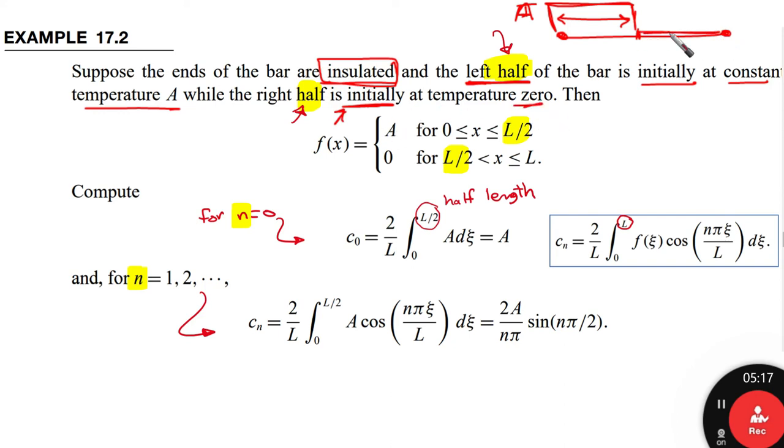Initially means that at t equal to 0, for both halves.